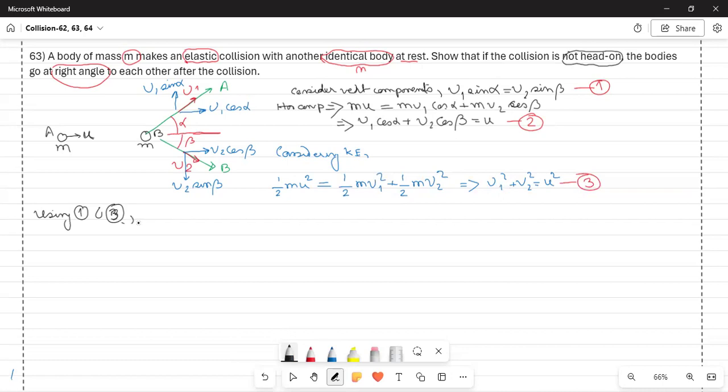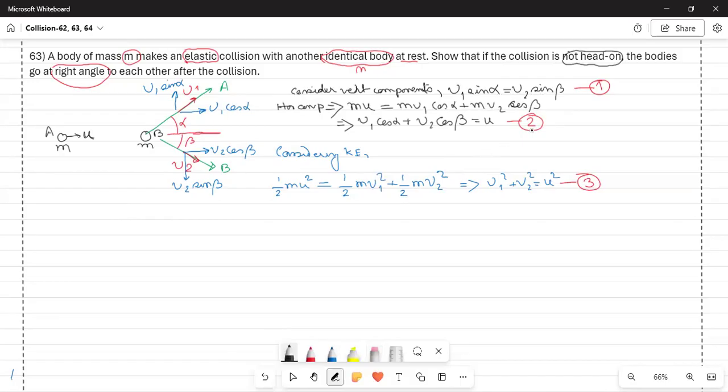From relation 1 was v1 sine alpha equals v2 sine beta. From relation 2 was u equals v1 cos alpha plus v2 cos beta. So here I have made a little wrong statement.